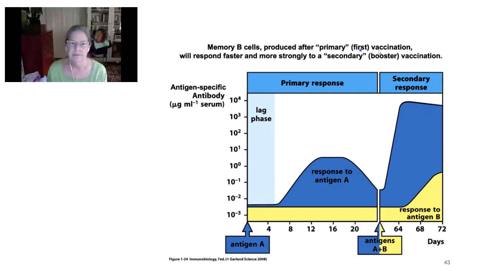So the first vaccination is called the primary vaccination or the priming vaccination typically. And then later vaccinations are called secondary or booster vaccinations. Okay, so when you prime, let's say you're immunizing a rabbit or somebody with something. And so you prime the animal with the vaccination, and you will have a lag time.